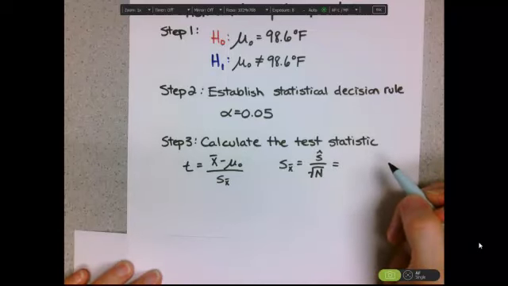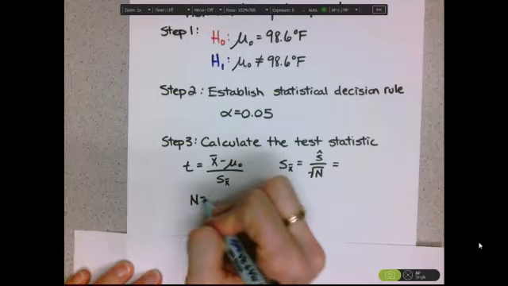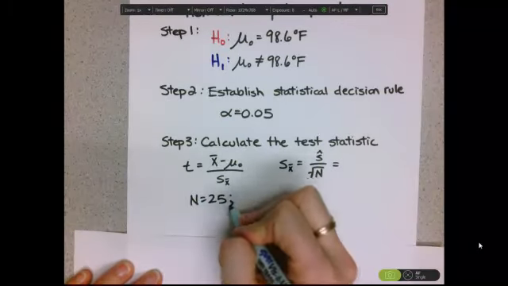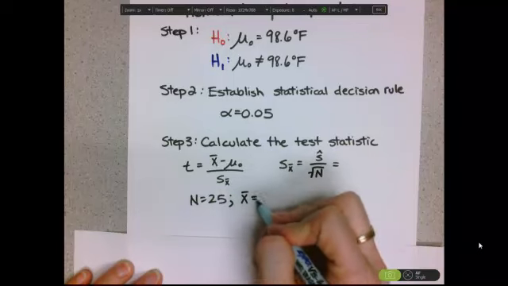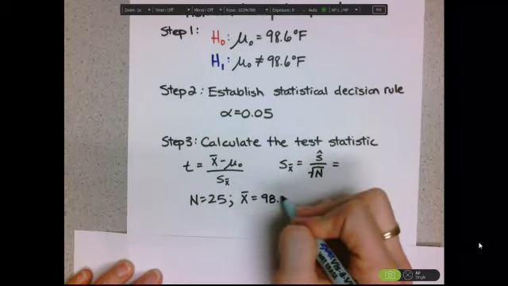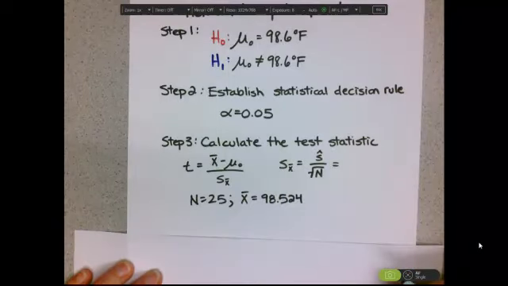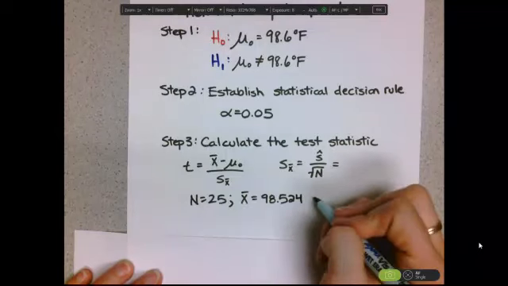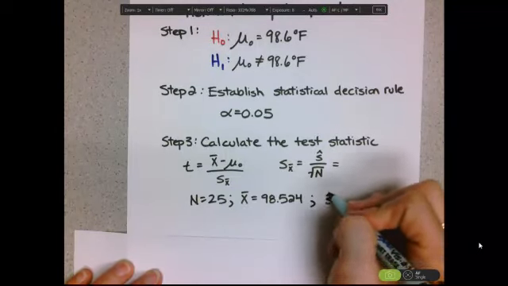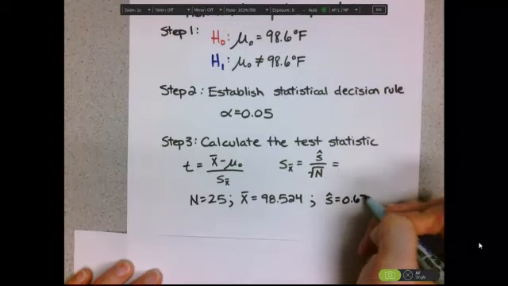We know from the data that we have a sample size of 25. We know x bar; this is the same data we used for calculating a confidence interval in an earlier module. So the mean is 98.524 degrees Fahrenheit, and our estimated standard deviation is 0.678.